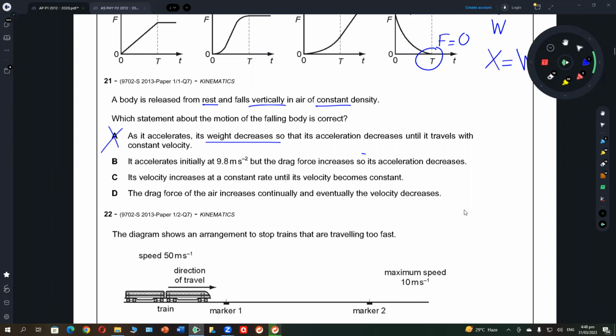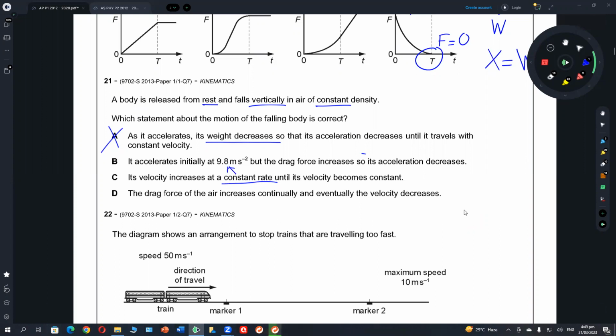Its velocity increases at a constant rate until its velocity becomes constant. Going down, the velocity increases. That's right. But the problem is this word, constant rate. What is the rate of change of velocity? Acceleration. So it is connecting here.